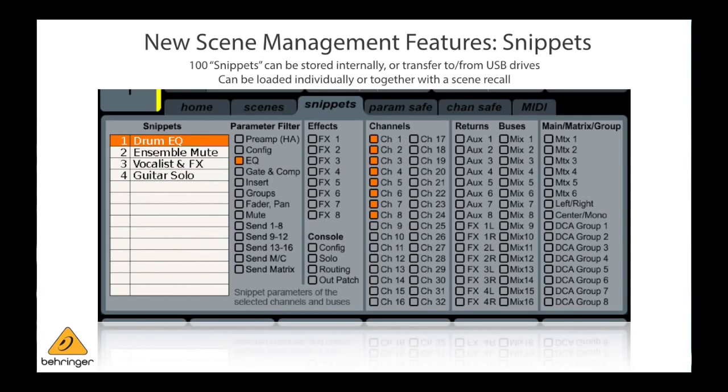So let's say you're going between two X32 consoles that have the 2.0 firmware loaded on them, you can save these and transport them just like individual scenes. And every one of the snippets can be loaded separately from the scenes or together with a scene recall. As we talked about, when you get to your snippets, you can just load that particular preset like you would have seen.